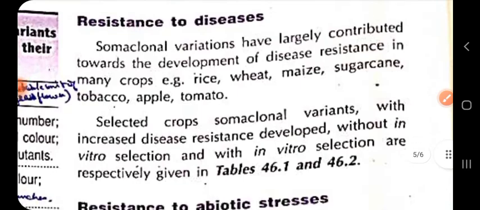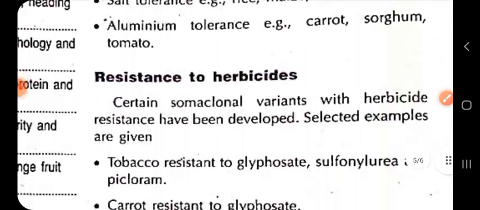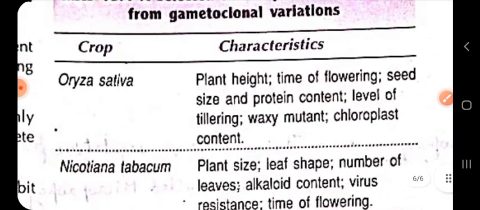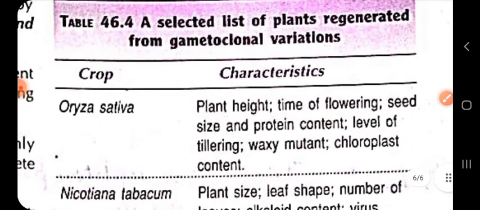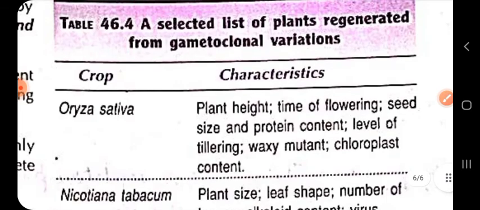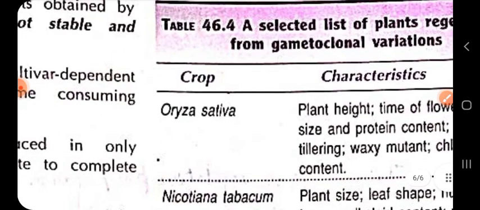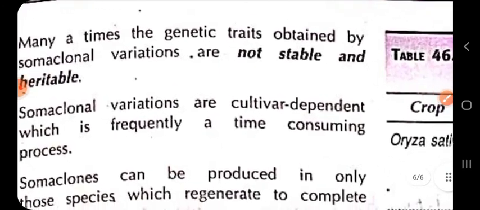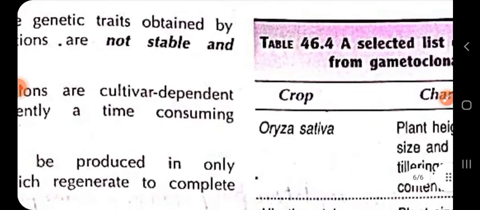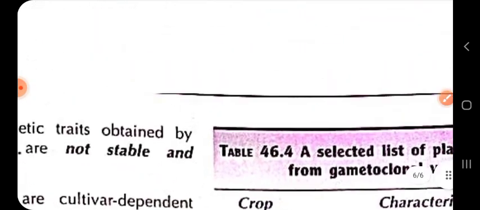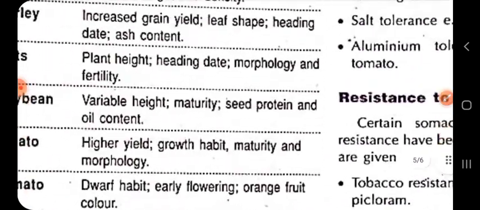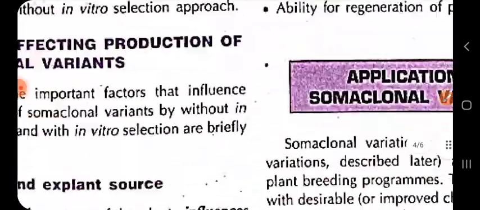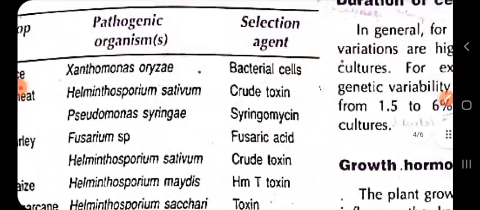For without in vitro selection, it is given in 46.2, that is in the next page. This is 46.2.